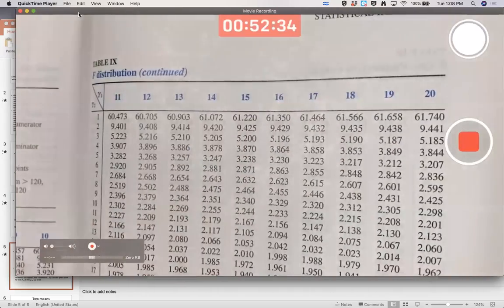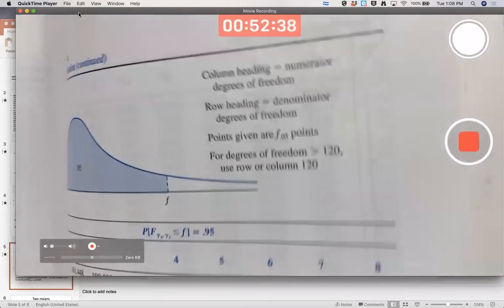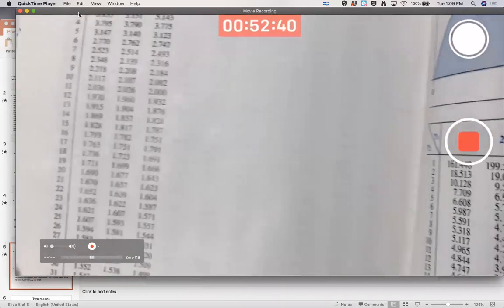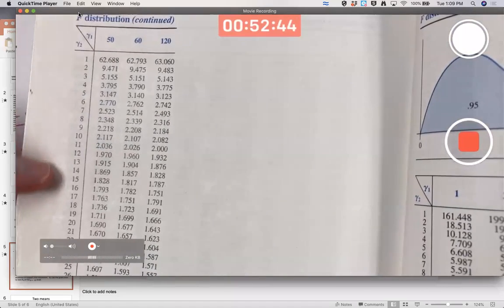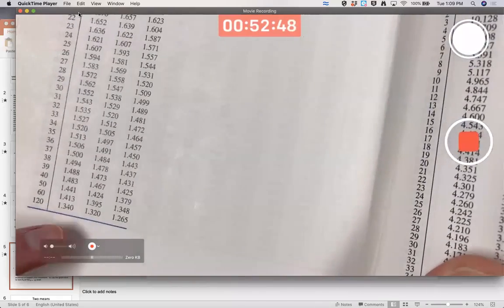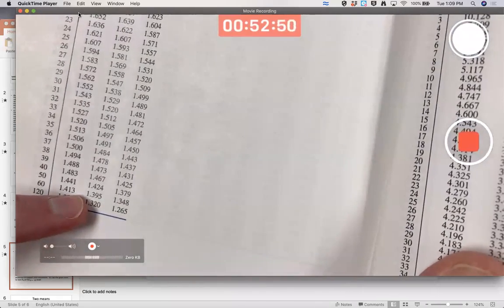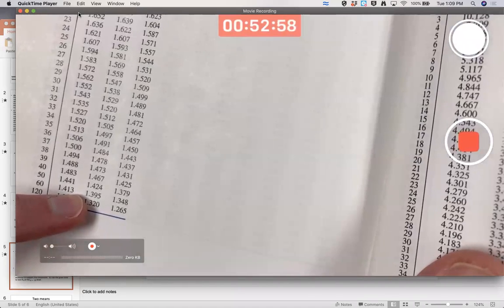So I keep turning pages until I see a 60 across the top, which occurs on the last page, 60. And I also want to go down to the row with the 60. And this number then, 1.395, would be the boundary of the rejection region for a 10% level test.